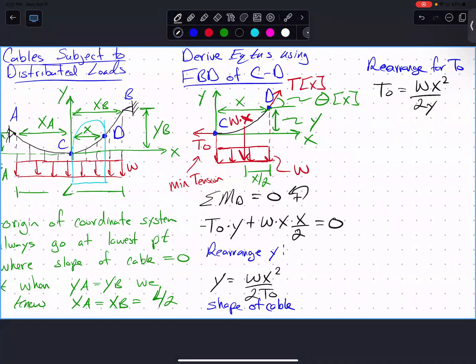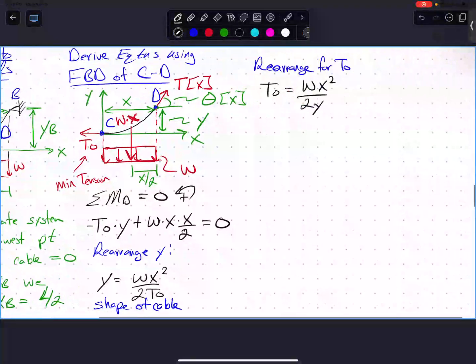If I knew XB and YB, I could plug it in right here and it would tell me what T naught is. So any point on our cable, we could figure out T naught. If we have the same elevation, if XA and XB are equal to L over 2, then it's pretty easy for us to find T naught with that equation. However, if we don't, like in this one, we have to do a little bit more work to find T naught, because we have to find the location of that low point of the cable first. So we can rearrange for T naught there.